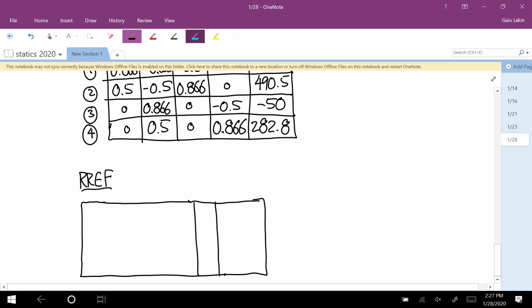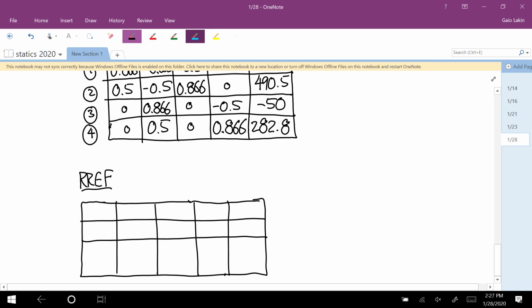Okay, so there's 3 here, 1 here. And you'll get the 1s down the main diagonal, zeros everywhere else, and then your answers are just in that last column.